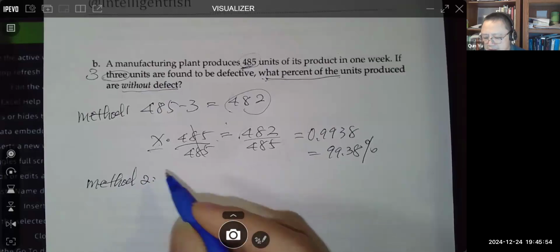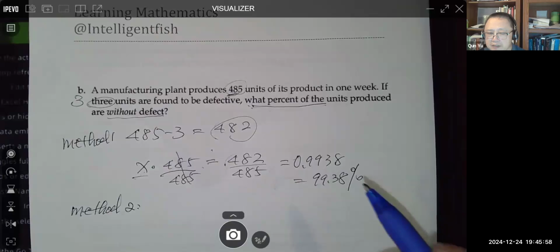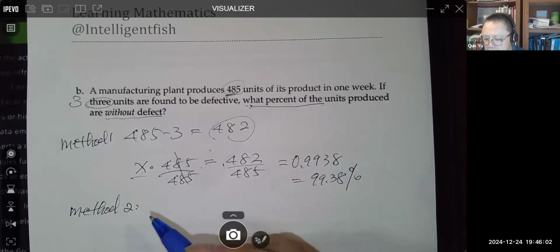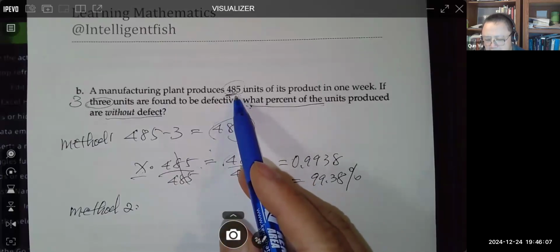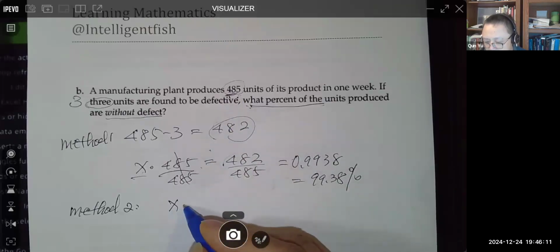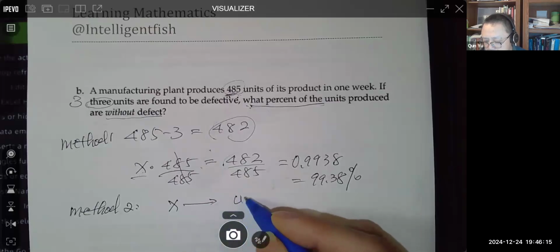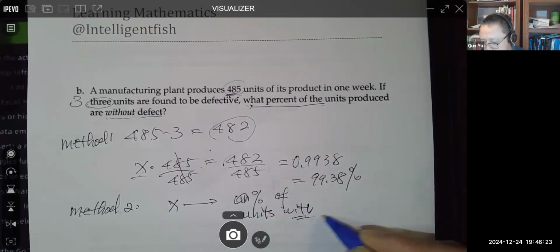we can still work with these 3. You just keep in mind 3 represents those that have a defect. So what percentage of total production in that week is defective? So X%. Now this time X% represents the percent of units with defect.